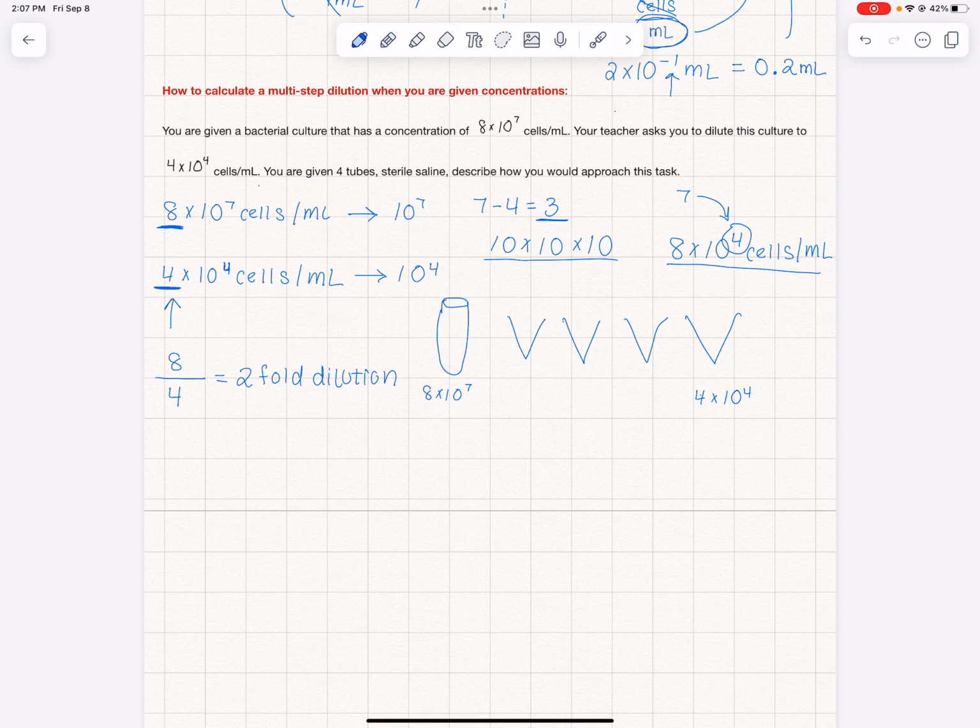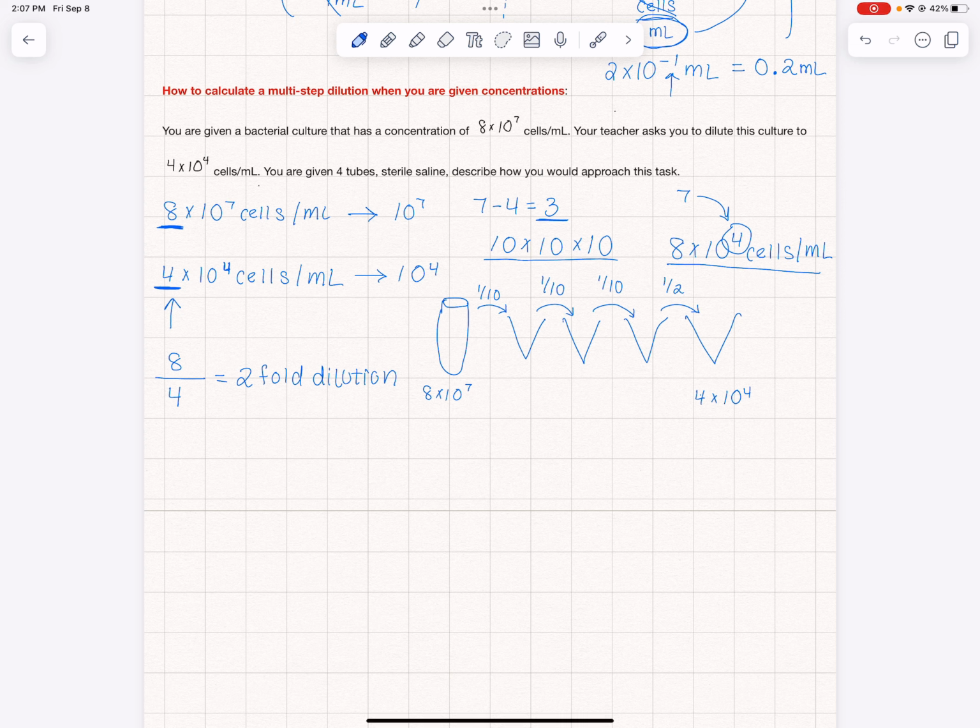So I'm now going to plug in the fact that we're going to do a 1 to 10 dilution here, another 1 to 10 dilution here, a third 1 to 10 dilution here, and then finally a 2-fold dilution, or a 1 to 2 dilution.